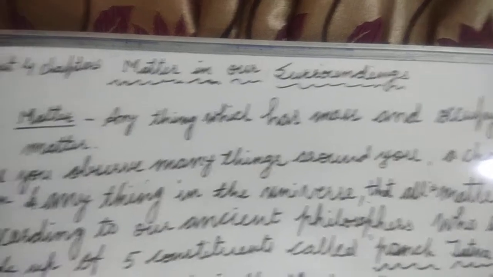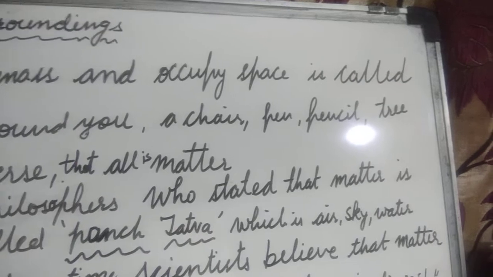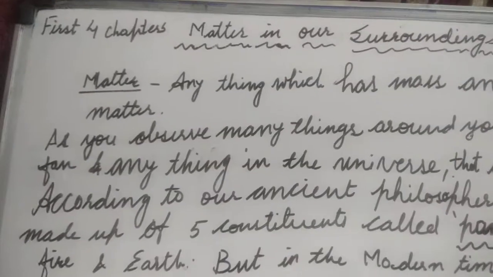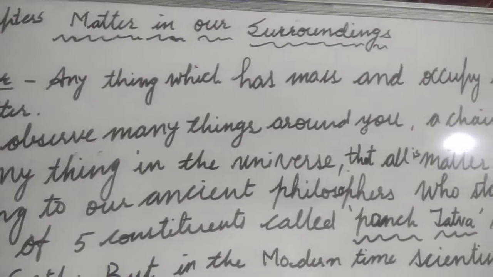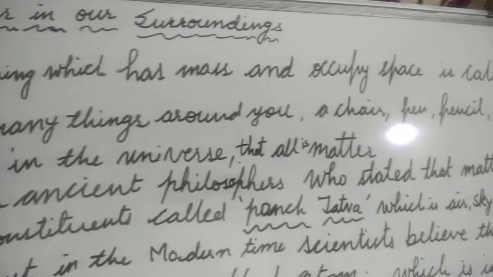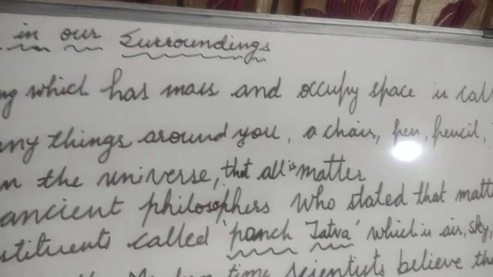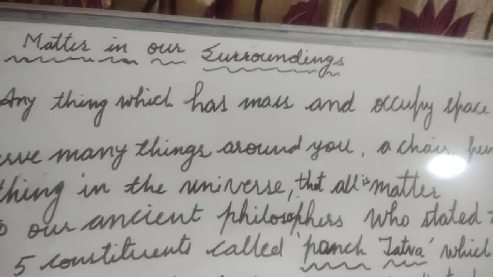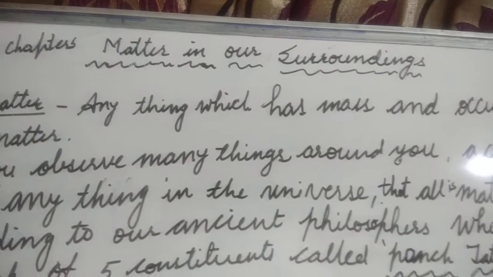Like if I am talking about pen, pencil, chair, tree, fan, table, anything, your copy, whatever you are observing in the universe, that all is matter. Why we are calling that as matter? Because it is occupying space and has mass.